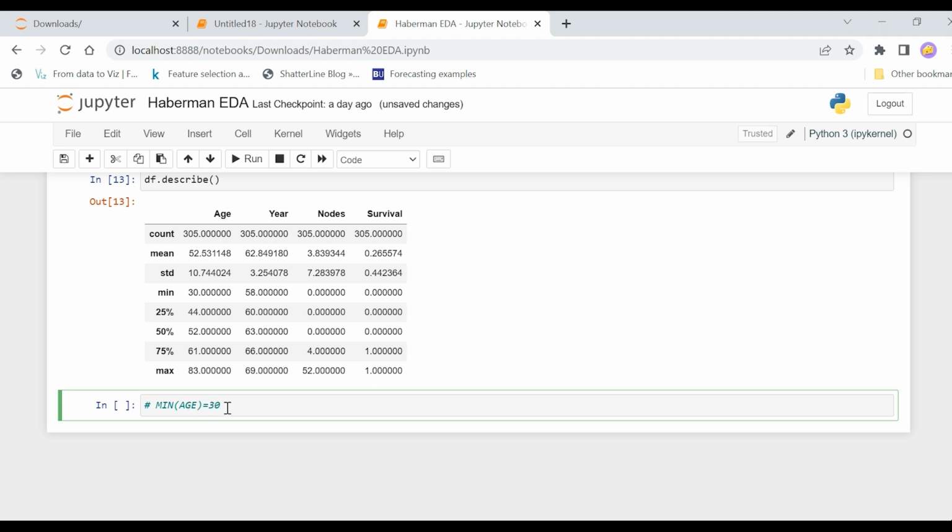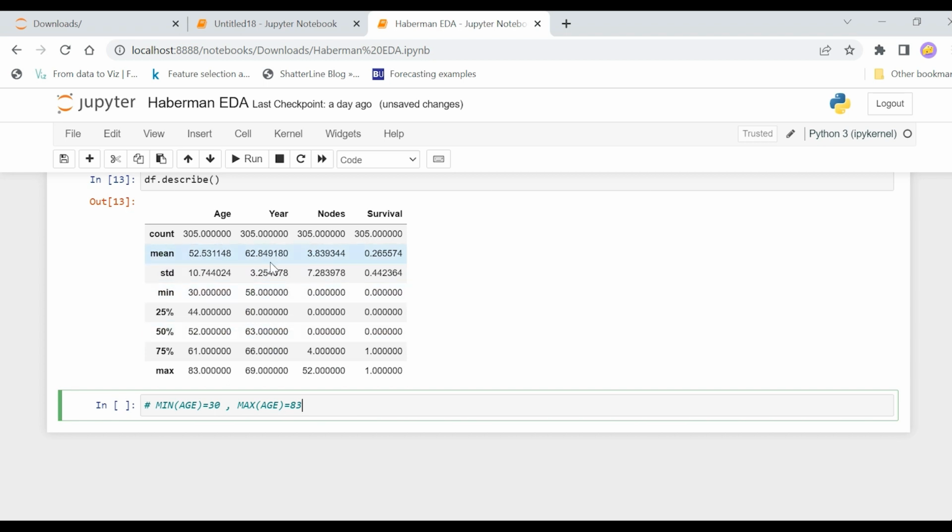So this is a class of people with a minimum age of 30 and a maximum age of 83. So my class of people is aged between 30 and 83.